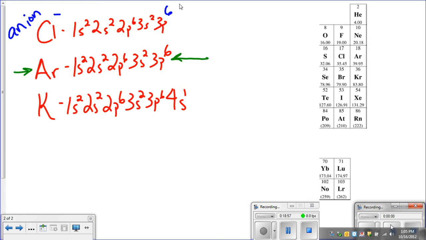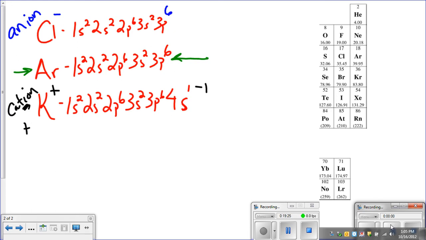On the flip side, we have potassium. Potassium is really close to being like argon, except it has an extra electron. So what it can do is give up its electron or lose it. If it gives up its electron, it's going to get a positive charge and become what we call a cation.